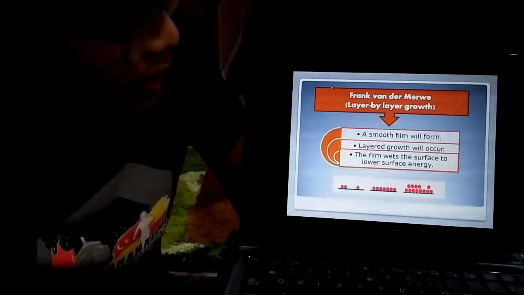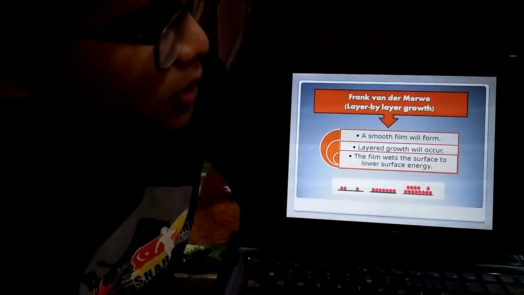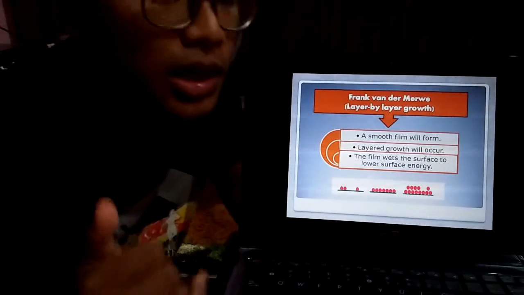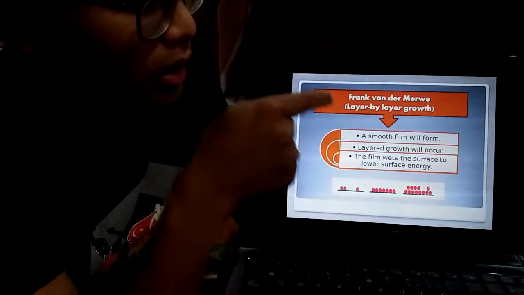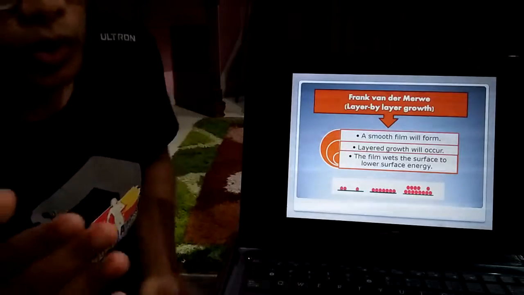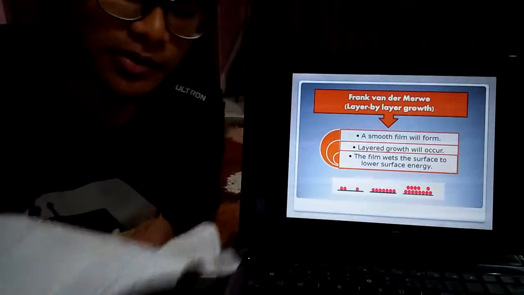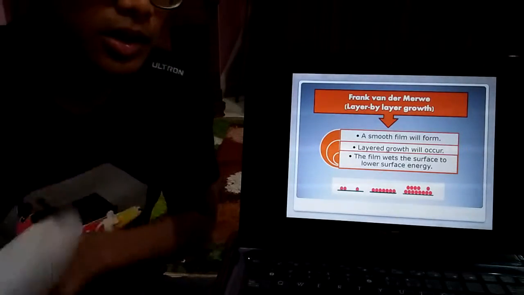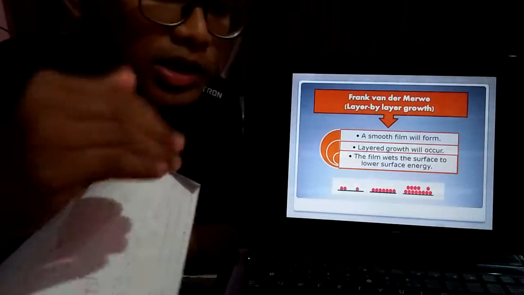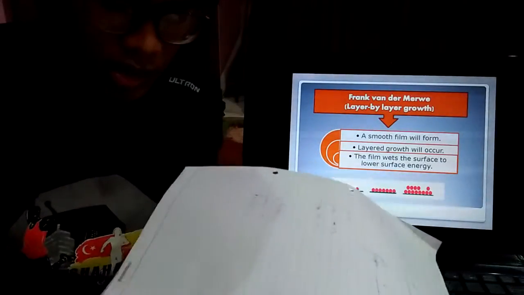Right. The second one is Frank-van der Merwe, or layer by layer growth. This is a good process because it will form a smooth film. If you imagine paper, the condensation of particles onto the substrate will form one layer, and then another layer, and another layer.